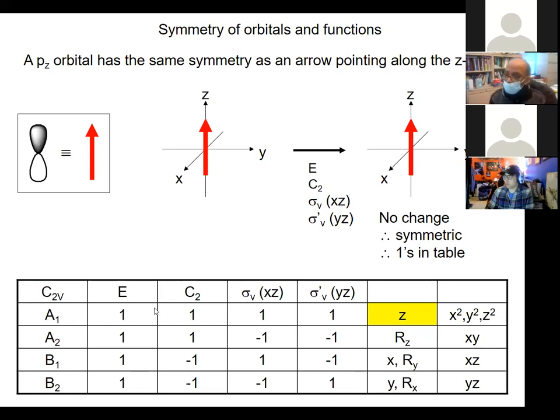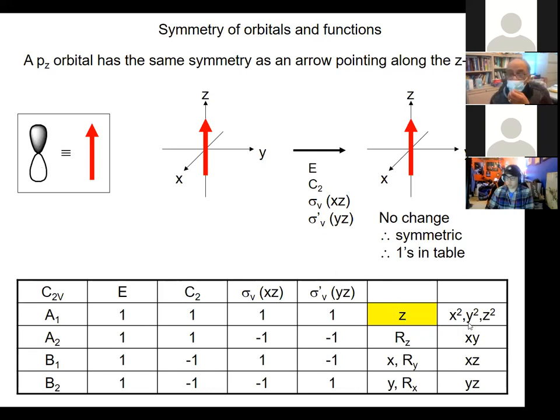If you now go back to your character table, you find the symmetry representation label which has all 4 ones. So E is 1, C2 is 1, sigma V is 1, sigma V prime is 1. So this must be your A1 symmetry representation. In A1, as you can see, we have Z. That's the reason why a Z orbital is placed here.